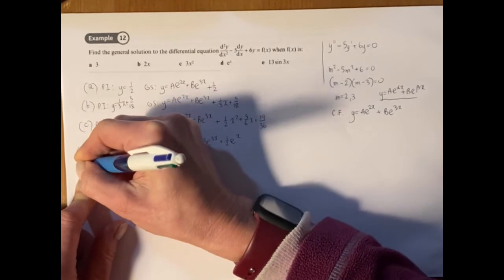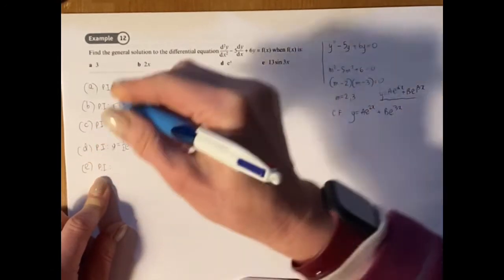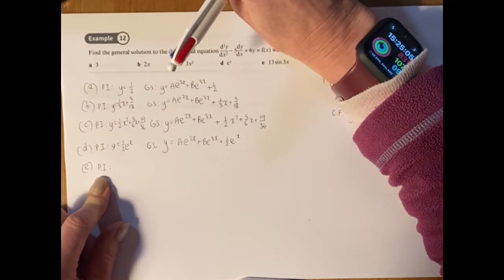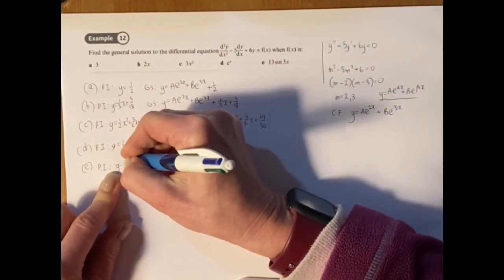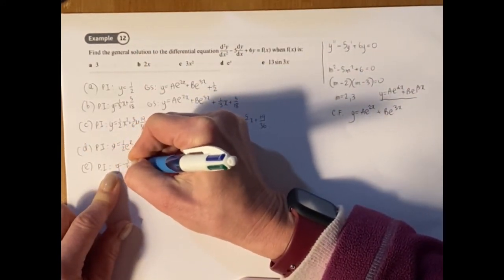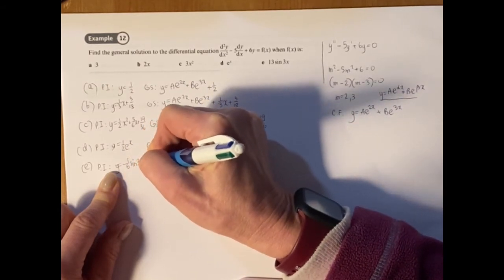And then finally, the one at the end was the complex particular integral, and it was -1/6 of sine 3x plus 5/6 of cos 3x.